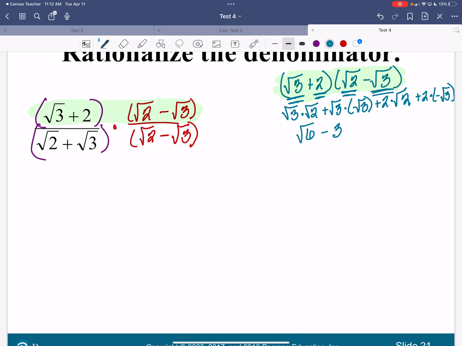Then I've got plus 2 on the square root of 2. Okay. And then I have minus 2 on the square root of 3. Okay? Now, there is nothing in that numerator that I can combine. I have square root of 6, square root of 2, and square root of 3.